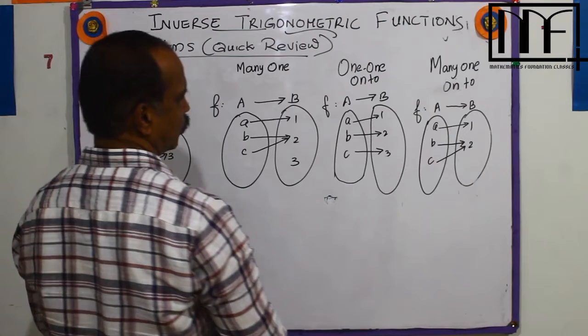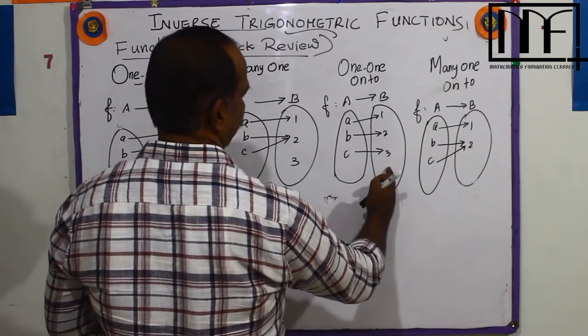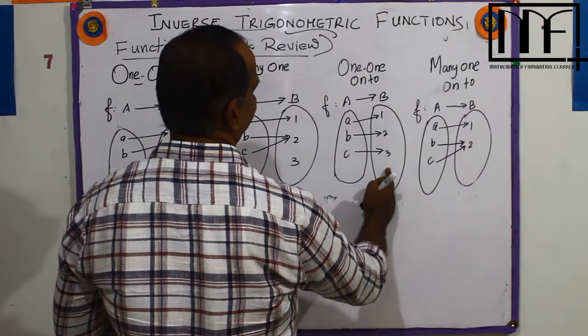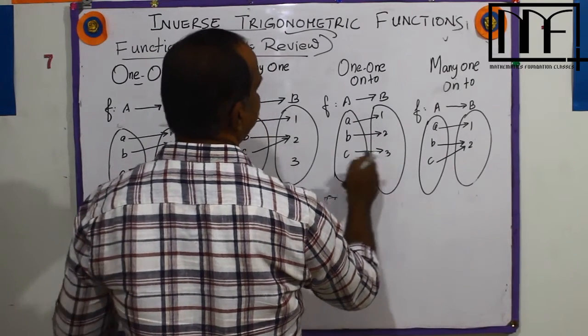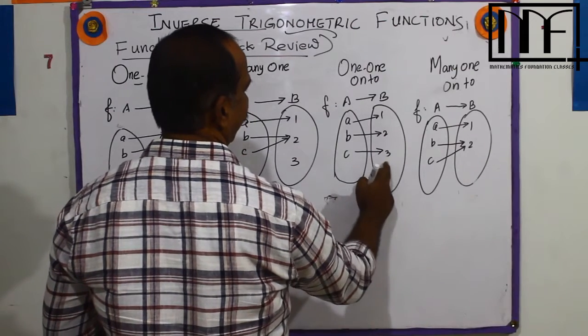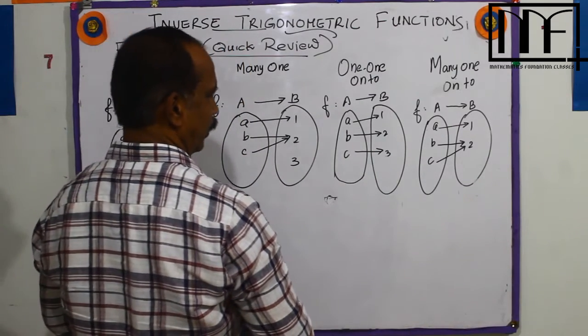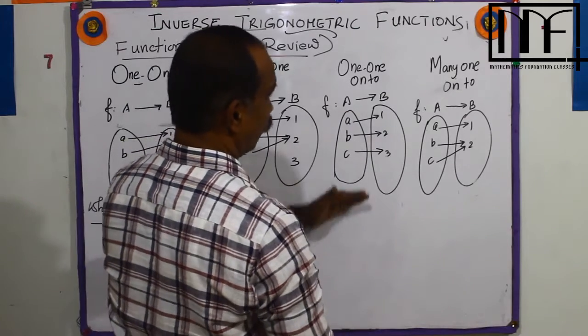Actually, what is the definition of an onto function? Every element in Y has a pre-image in the set A. Now you can see no element is left in the codomain without a partner in A. Therefore, we can say this is an onto function. So it is one-one onto.